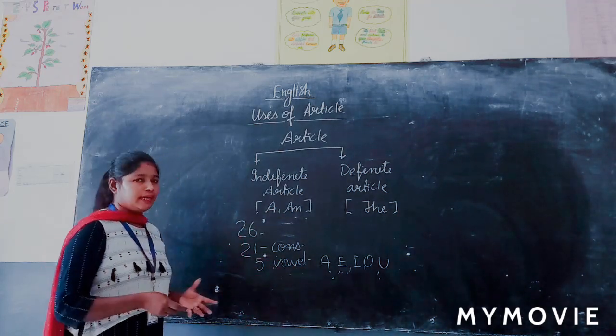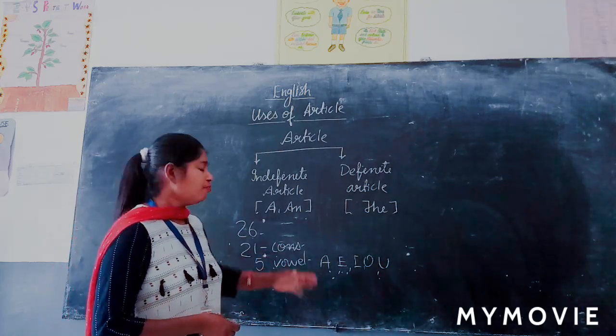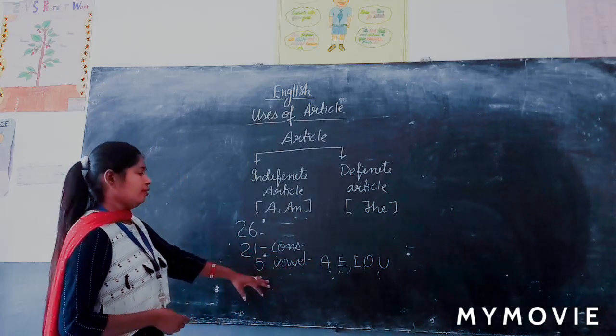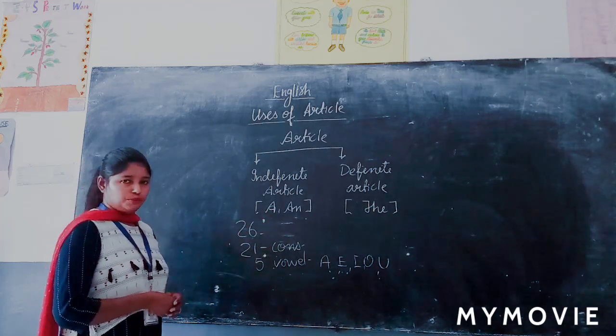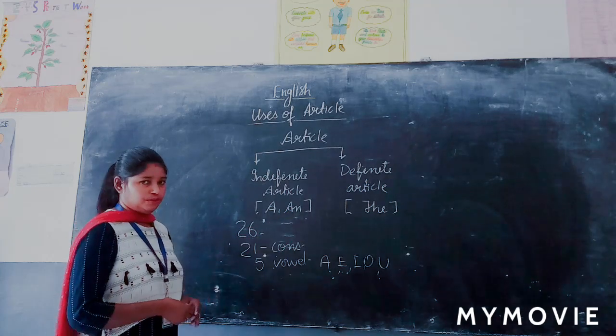Now you know very well that with a consonant sound A is used, and with a vowel sound An is used.